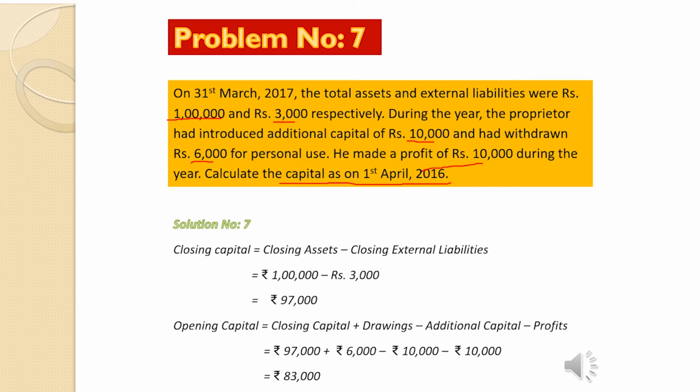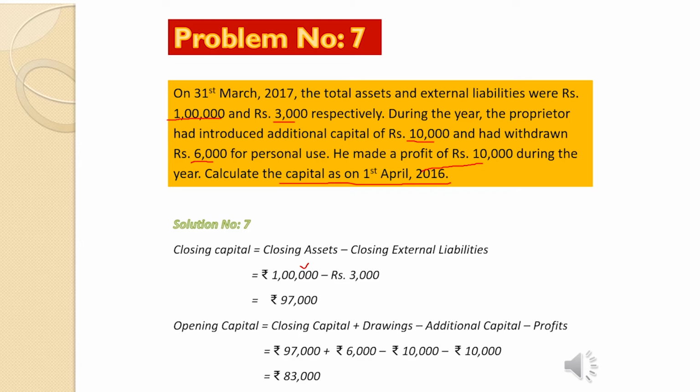Before calculation of the opening capital, first you have to calculate the closing capital. Closing capital is equal to closing assets minus closing external liabilities. So what is the closing assets here? Closing assets is 1 lakh.